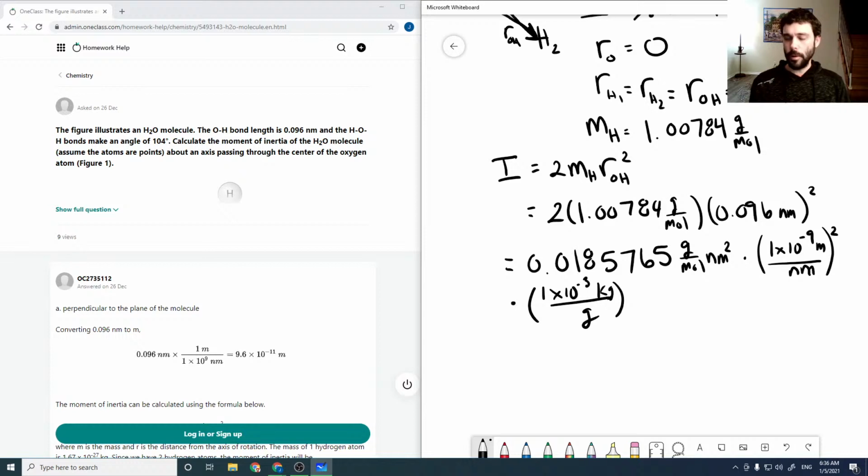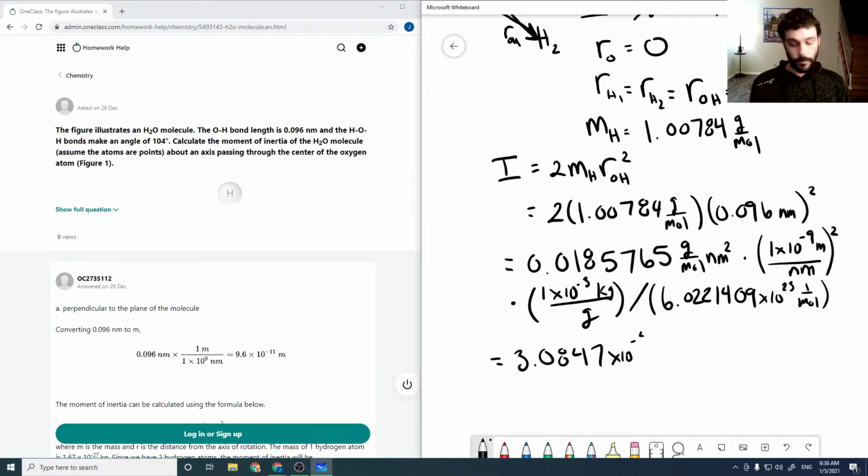And then to get rid of the mole, we have to divide by Avogadro's number. So these are going to make this quantity very small. So it comes out to 3.0847 times 10 to the minus 47 kilograms meters squared.